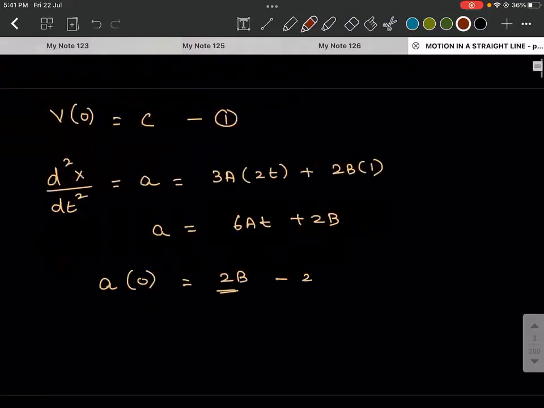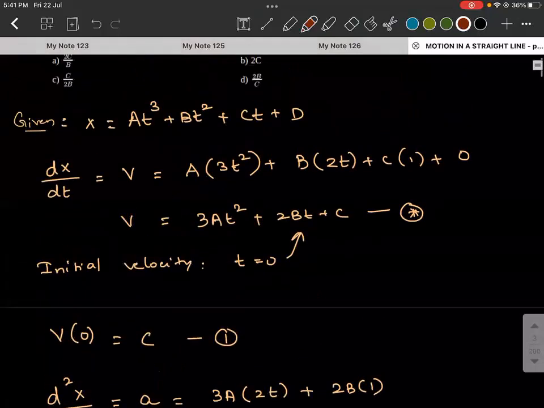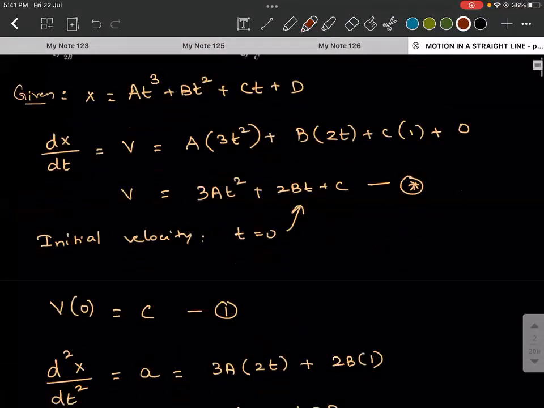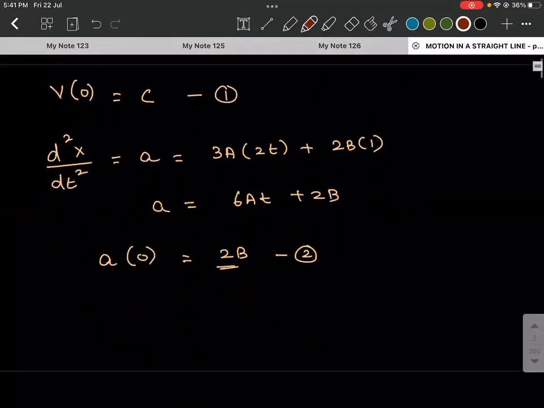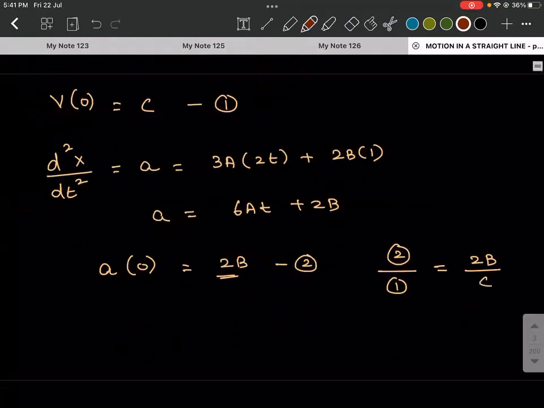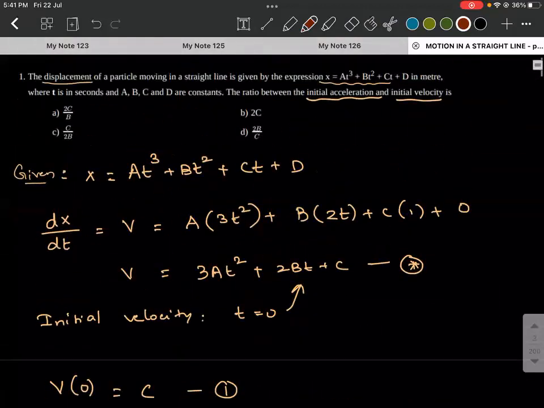Let me call this 2. Now, if you observe the question, they're asking the ratio of the initial acceleration to the initial velocity. That is, we need the value of 2 divided by 1, which is equal to 2b divided by c. So if you check this, 2b divided by c, option D is the right answer.